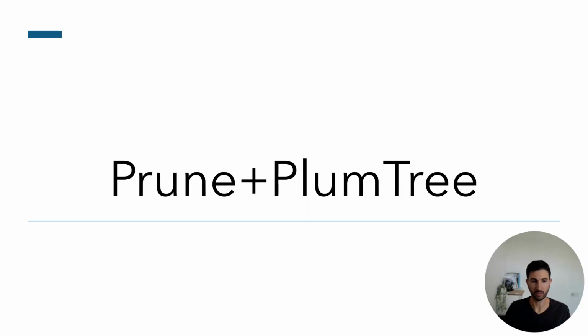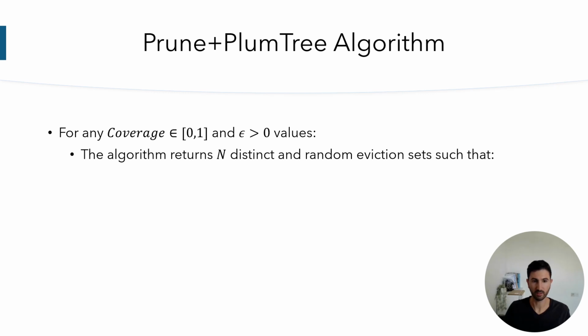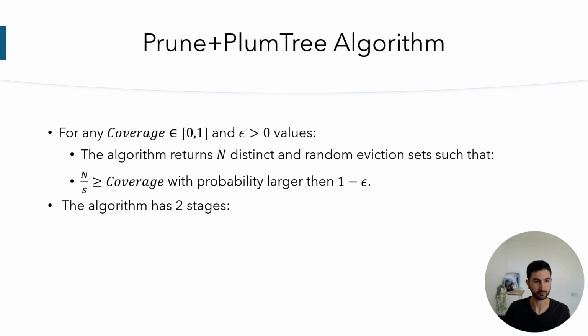So, our algorithm, Prune+PlumTree. For any coverage between 0 and 1 and epsilon value greater than 0, the algorithm returns n distinct and random eviction sets such that n divided by s, which is the number of cache sets, is larger than or equal to the coverage value, with probability larger than 1 minus epsilon.